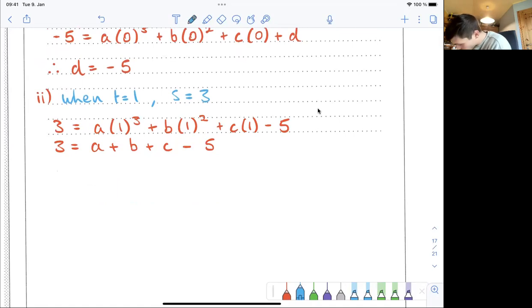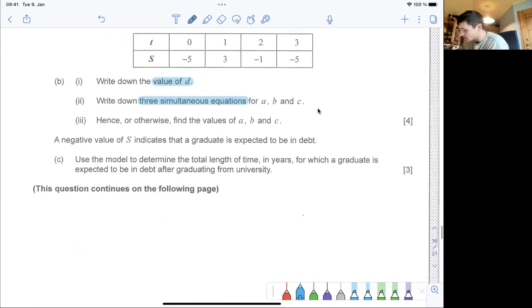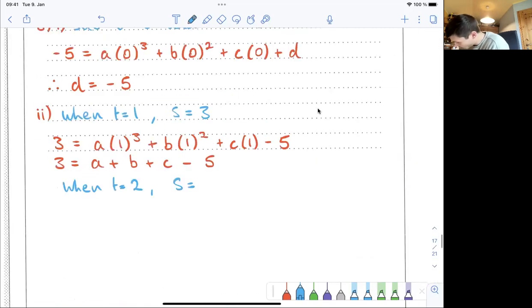And then now when we move on, we're going to say when t is equal to, was it 2? And s will be equal to, what we got? -1. Okay, so now we can go through and do that.